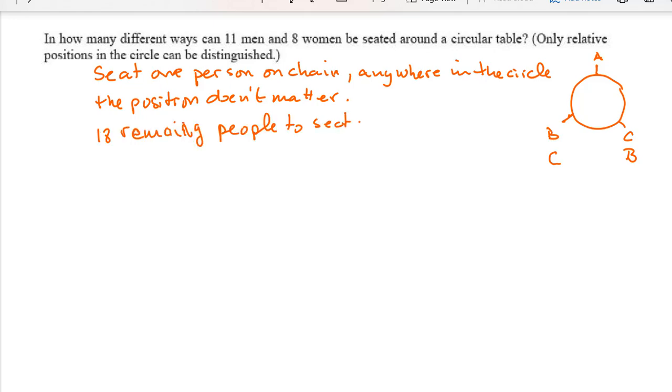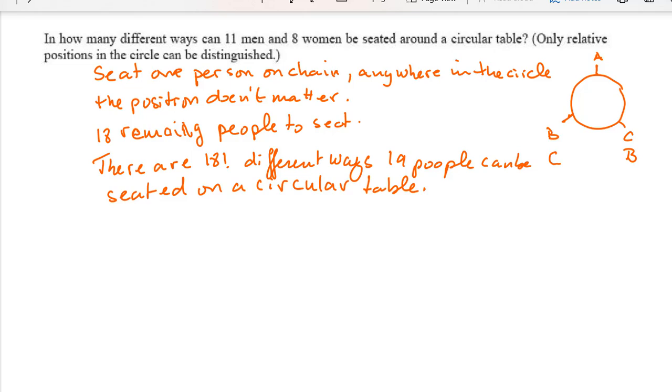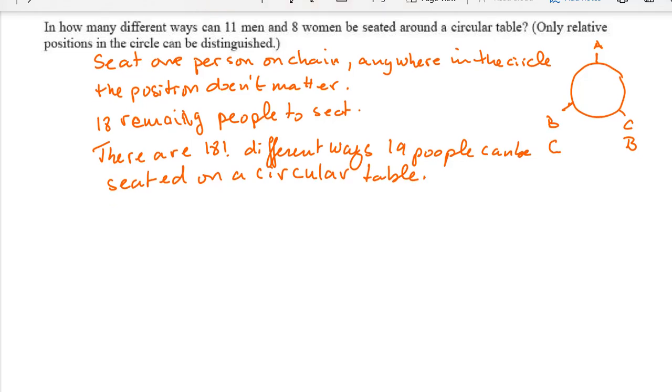And then what's left is 18 people to sit. So there are 18 factorial different ways these 19 people can be seated at a circular table. You fix one and you permute the rest relative to that one. That's why it says only relative position in the circle can be distinguished. I hope these examples were helpful.